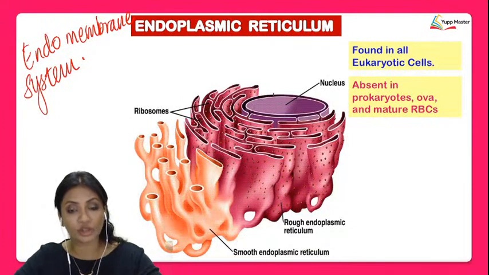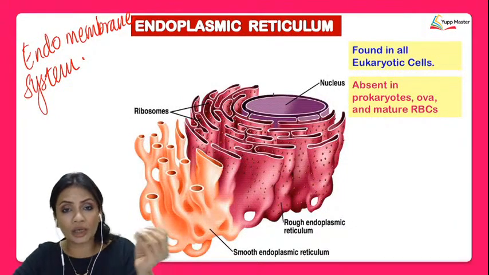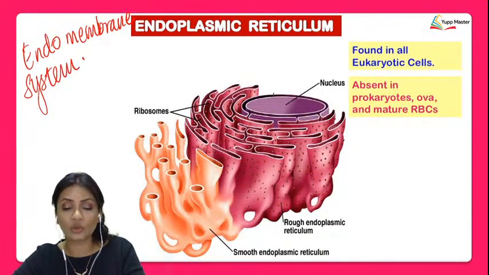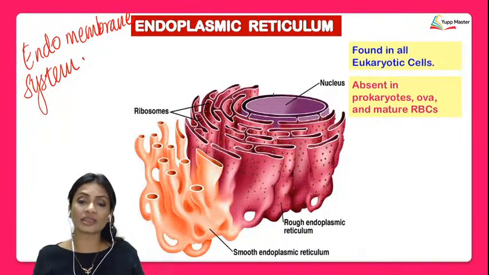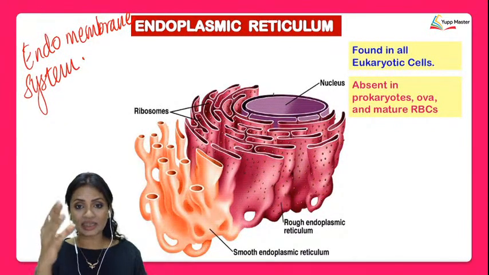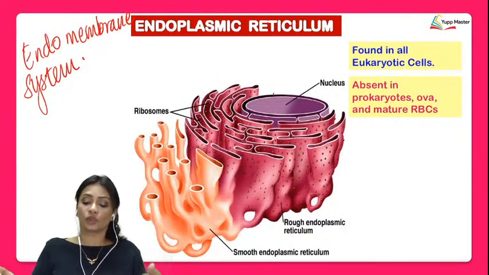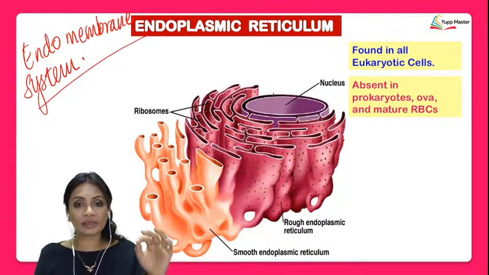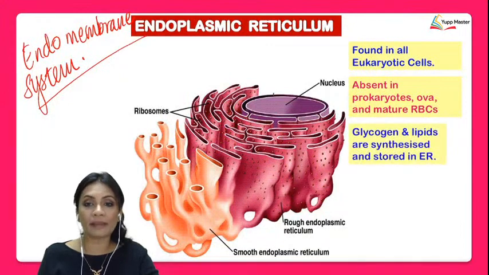After the endoplasmic reticulum come the Golgi bodies. Those give rise to small vesicles, okay, and that gives rise to the lysosomes, and that goes ahead and connects with the cell membrane. So basically this is a whole chain of structures arising one after the other. Those are called the endomembrane system. Endoplasmic reticulum is formed from the nuclear membrane.